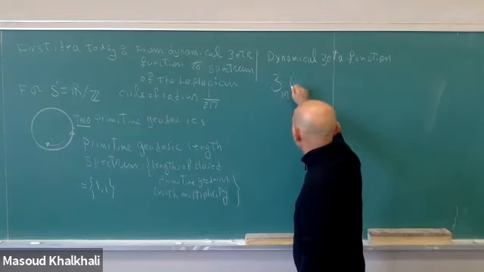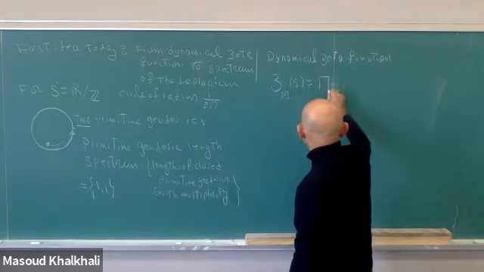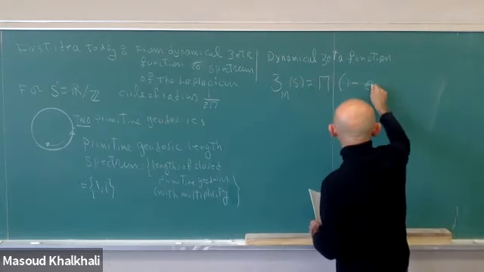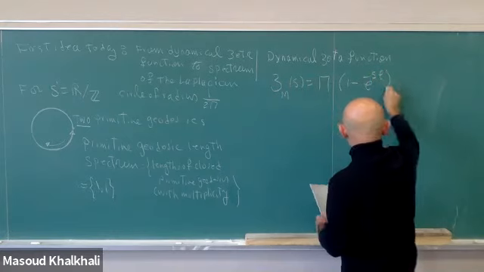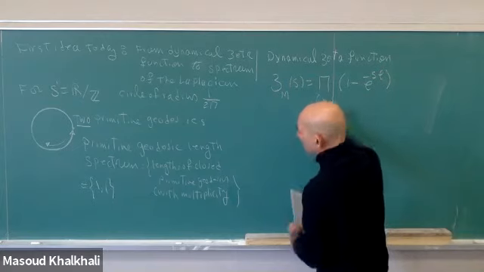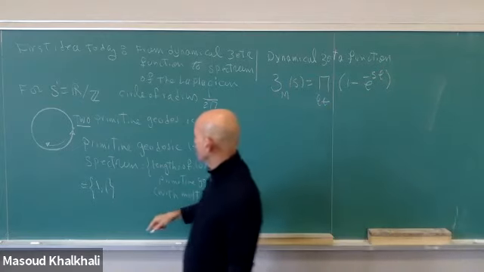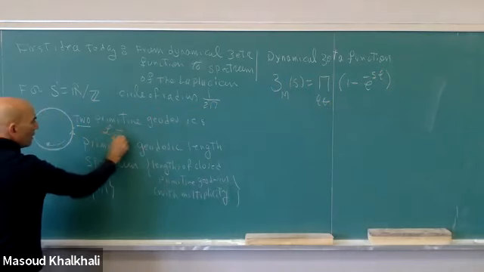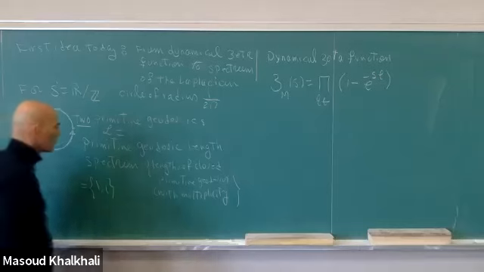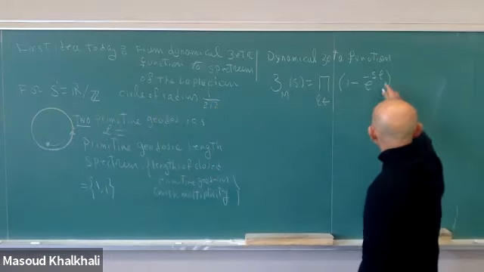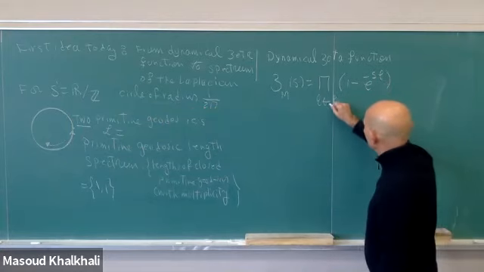So this one, zeta of s, we can just say is the product of 1 minus e to the power minus sL, for L belonging to the set L, which is the notation for this primitive length spectrum.